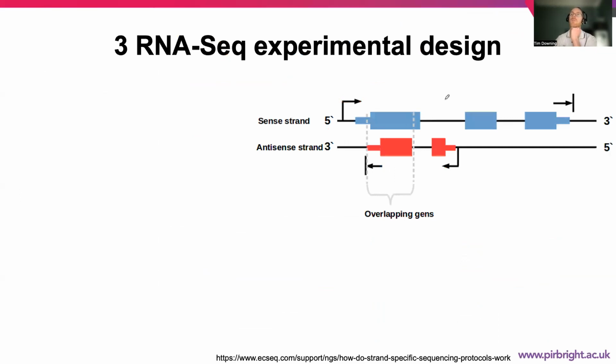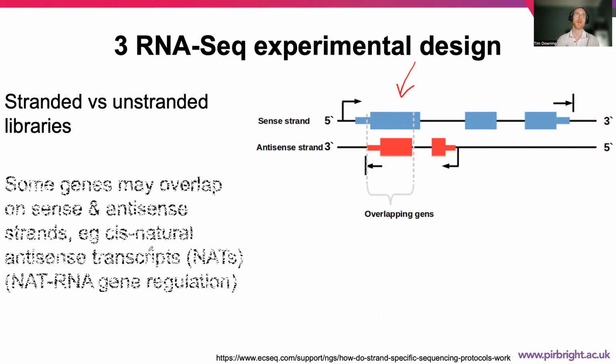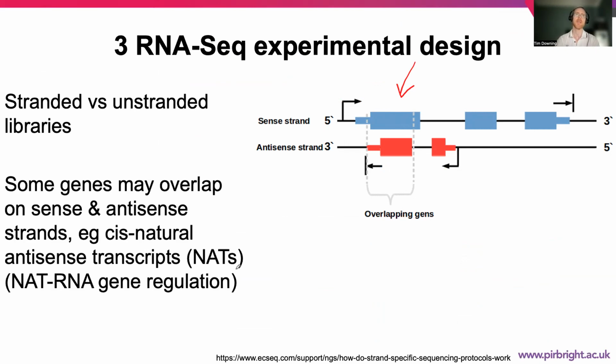In rare cases, we do know that there are overlapping genes, and if we have overlapping exons, reads might be misassigned in terms of their origin. These are called cis-natural antisense transcripts, or NATs.